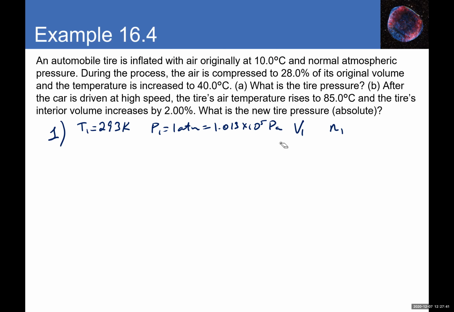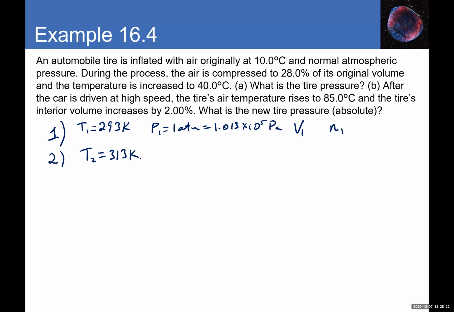Then we go from here to the second state, where temperature T2 is 40 degrees Celsius, which is 273 plus 40, so this is going to be 313 Kelvin.